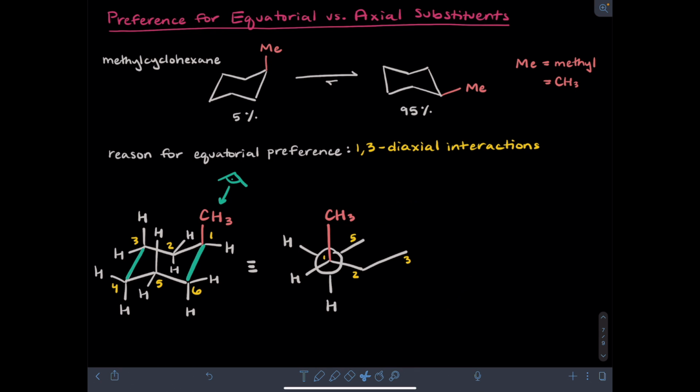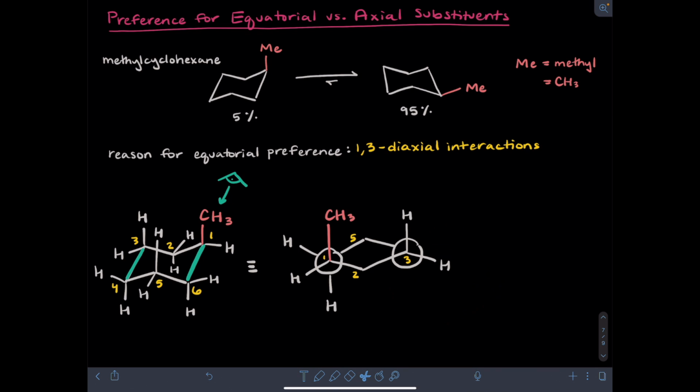Now let's imagine our other front carbon, carbon 3, that's connected to carbon 2. Carbon 3 has an axial hydrogen pointed straight up, and carbon 3 also has an equatorial hydrogen pointed down and to the right. Carbon 4 is connected to carbon 5.